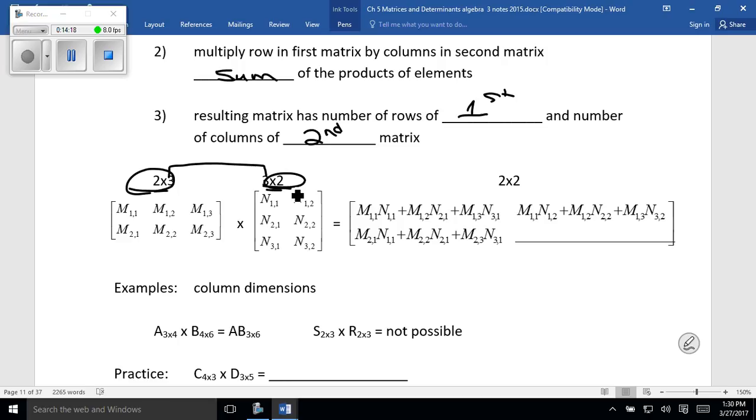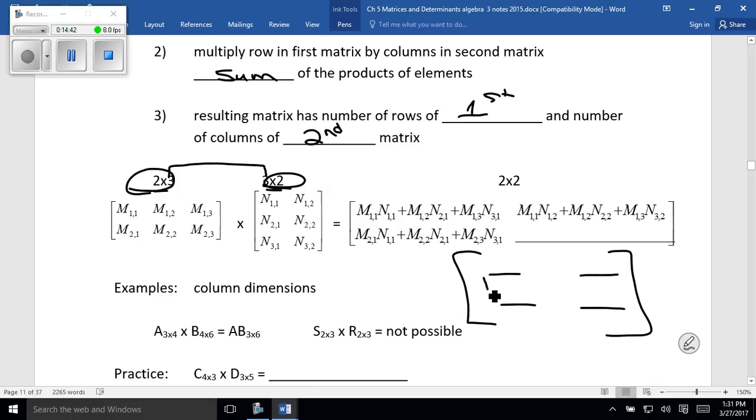Very good. When you do this, I'm going to have a 2 by 2 matrix. This is how I started off, so I know where I'm at. That's what I do. We start with the rows.